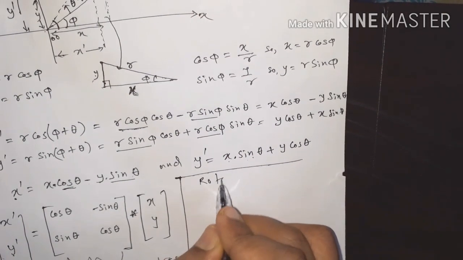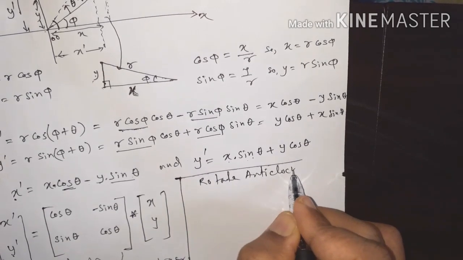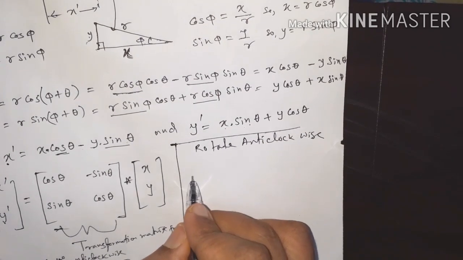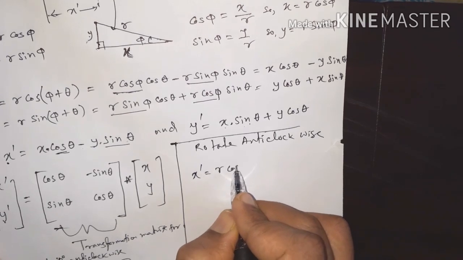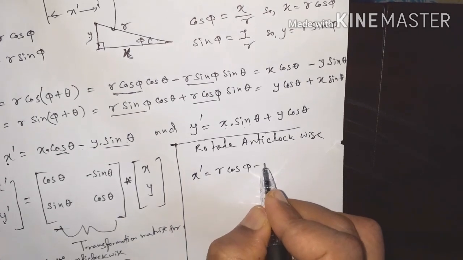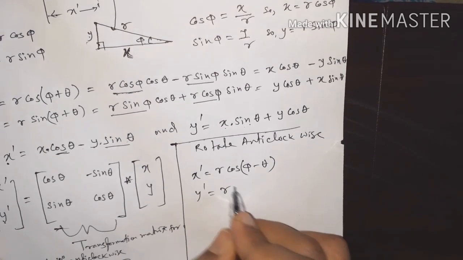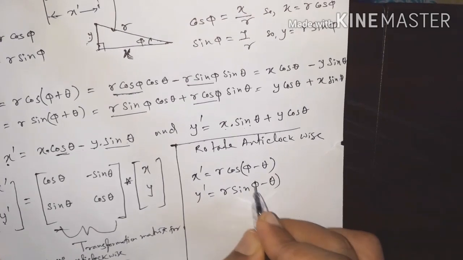Similarly, if I rotate clockwise, then x prime will be r cos(phi minus theta) and y prime equal to r sin(phi minus theta).